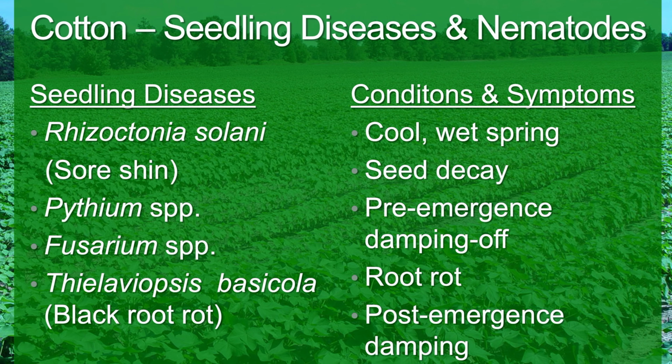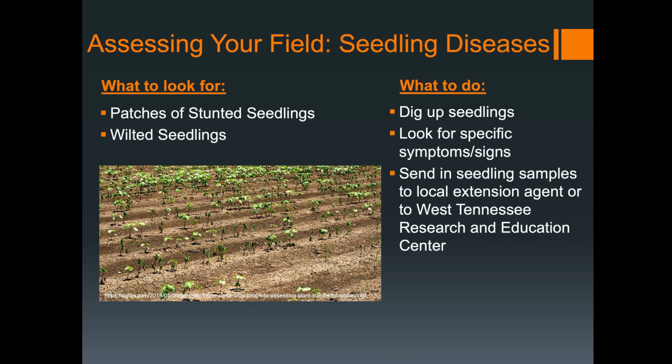More detail and symptomology for each one of these can be seen in the Myelin No-Till presentation on seedling and foliar cotton diseases. But with these seedling diseases in the field, it is important to try to identify them so you can know that you have them, and identify also the situation that allowed them to kill or harm your plant.